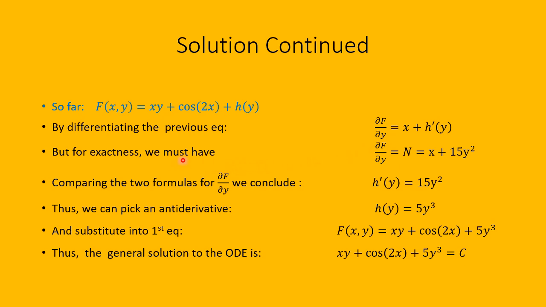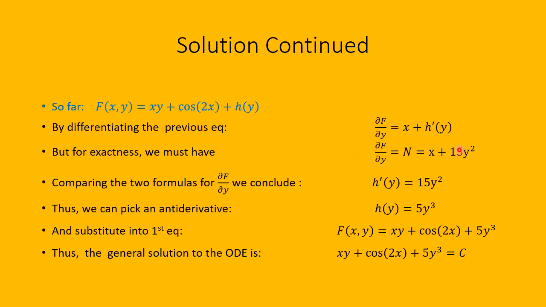But let's remember that this equation is exact, so we must also have that the partial of f with respect to y is equal to that function N(x,y). And that, let's remember, was x plus 15y squared.